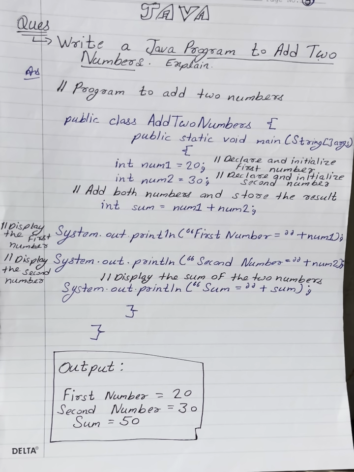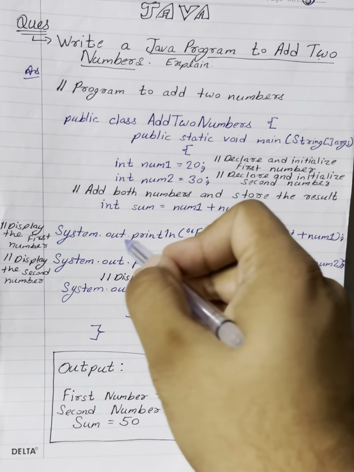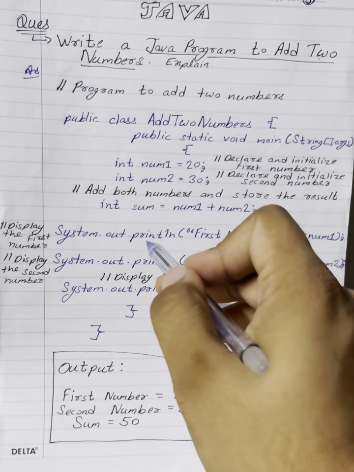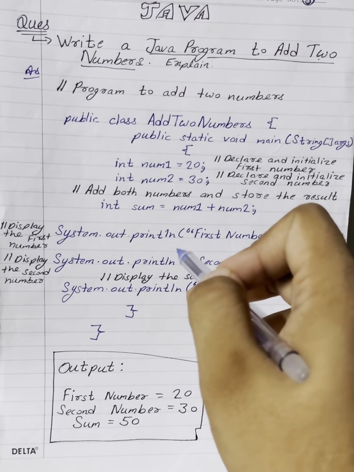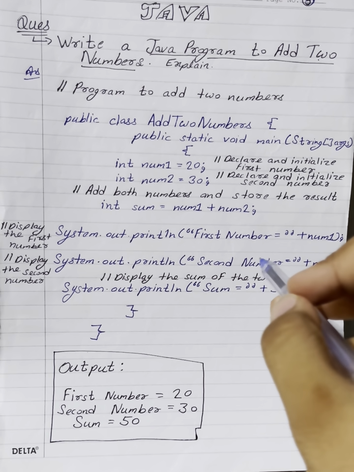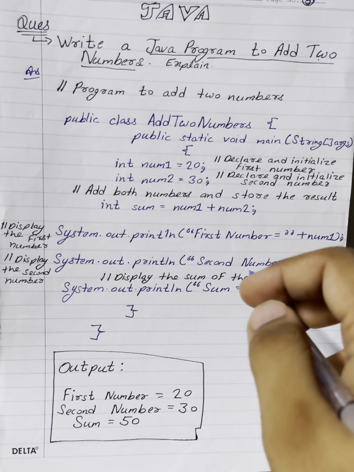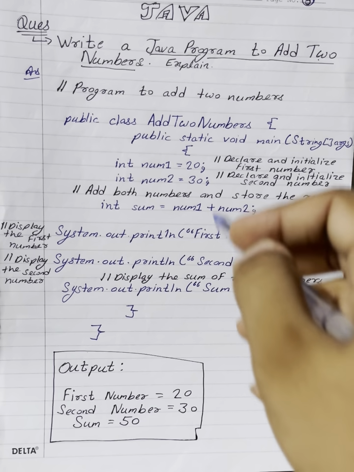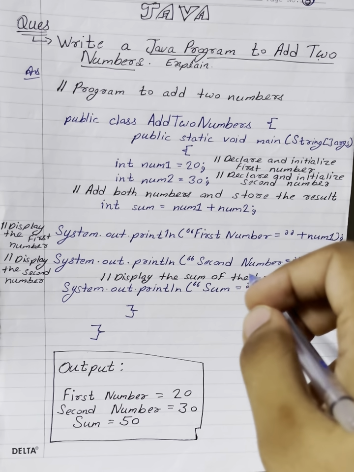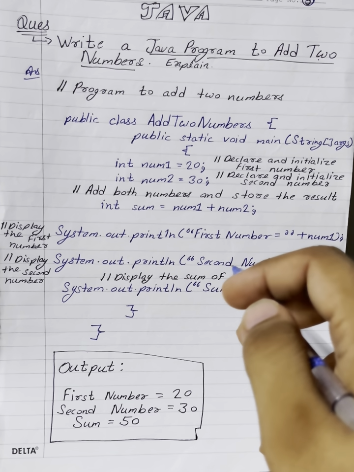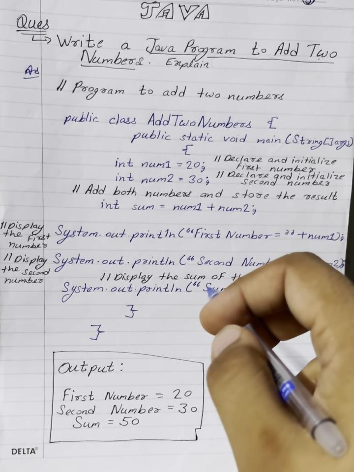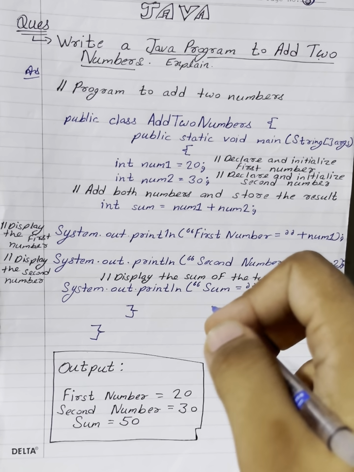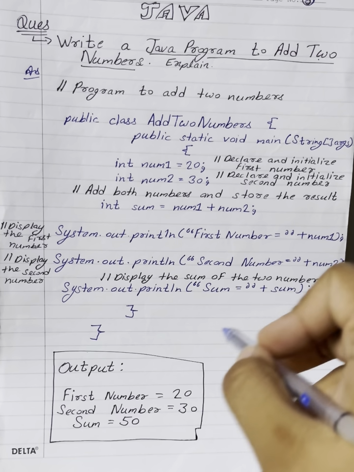When the calculation is complete, the program uses the System.out.println method to display the output on the console. Here and here, the first statement prints the value stored in num1, and the second statement prints the value stored in num2, and the third statement prints the value stored in the sum variable.